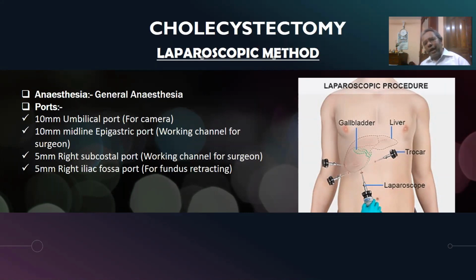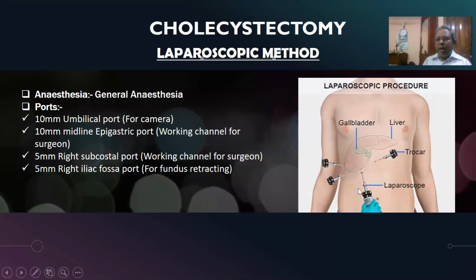Whenever the gas is introduced through the trocar, the abdominal wall becomes far away from the viscera. So all the viscera drop onto the posterior wall, and there is a wide gap between the parietal wall and the viscera. So you can easily look at all the structures there. For that reason, the gas is inflated.